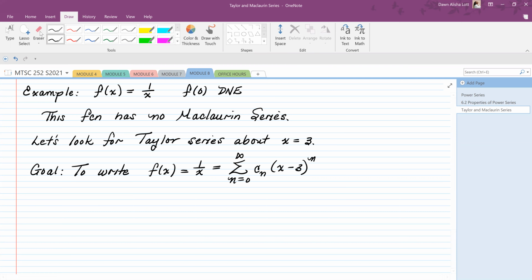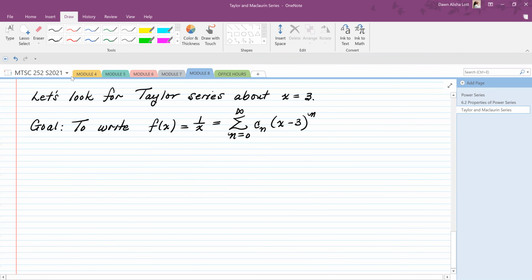And because I'm doing a Taylor series, my Cn are going to be the nth derivative of the function evaluated at 3.